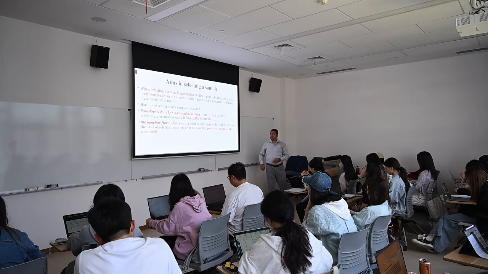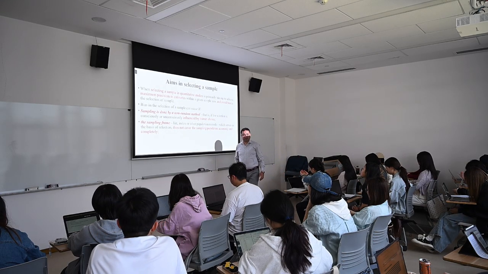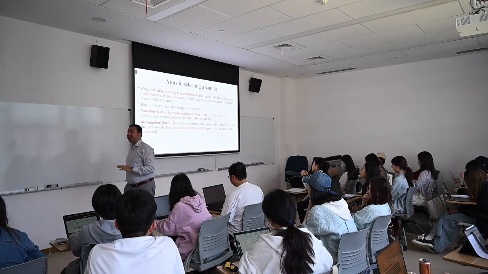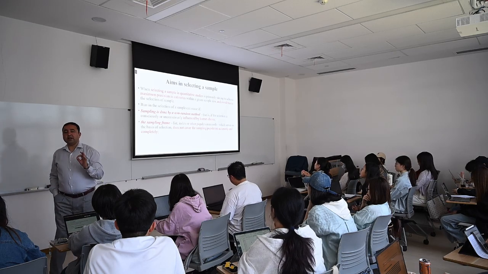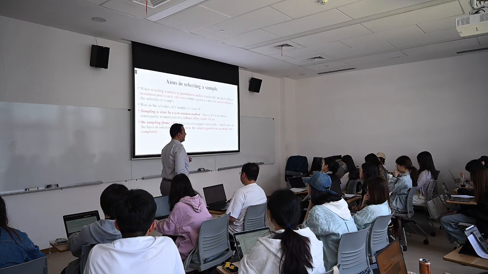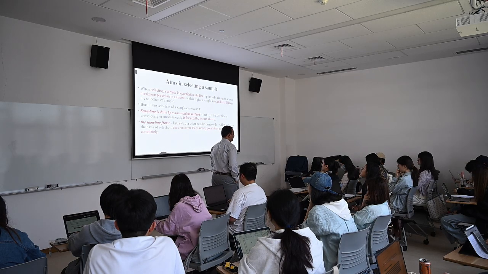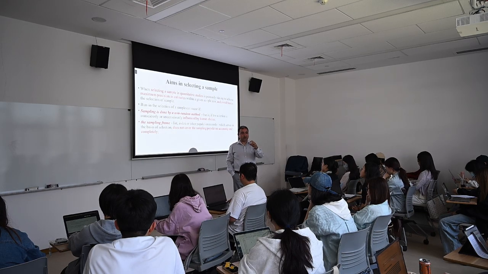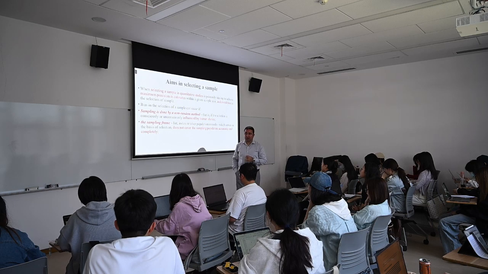Okay. Why do we select a sample? Definitely, number one, it is difficult, somehow impossible, to collect data from the overall study population. So what we do is select a sample and collect data from that group of people.